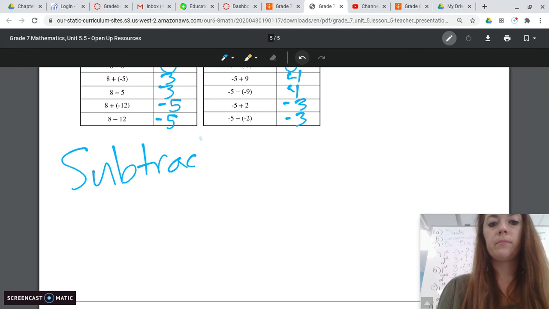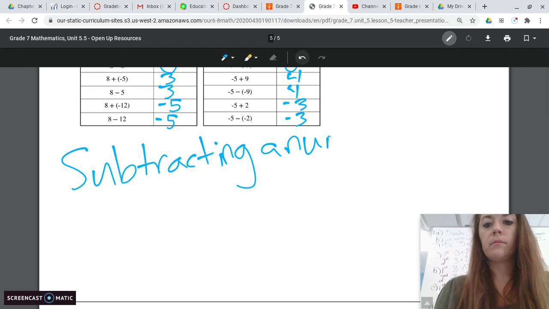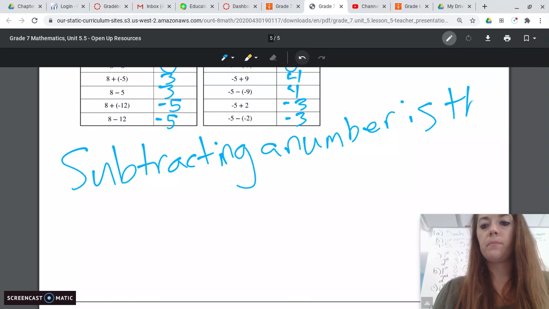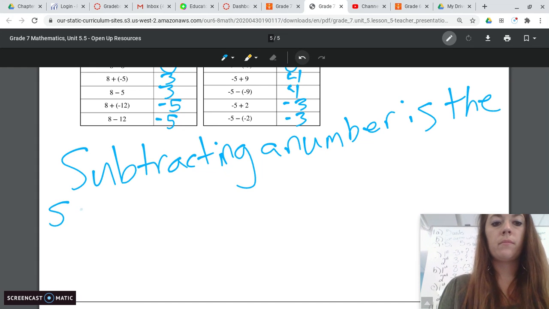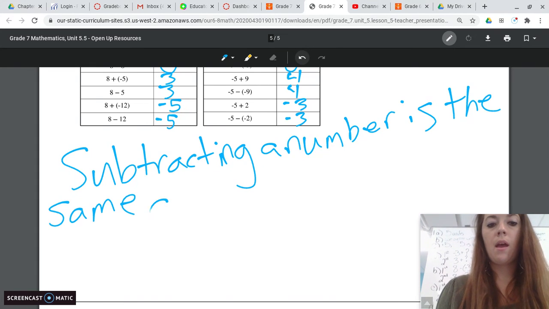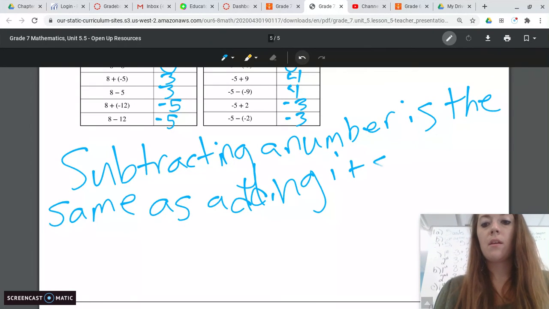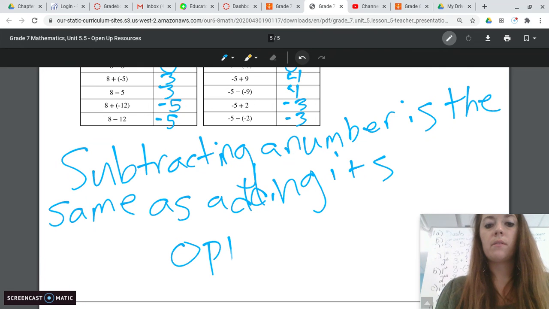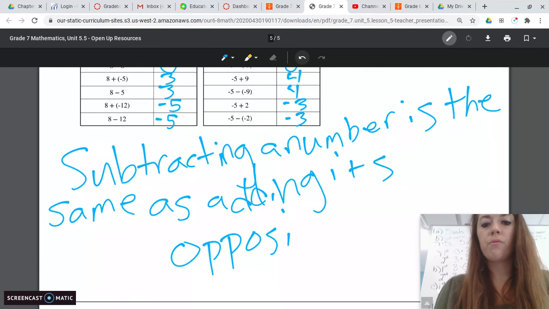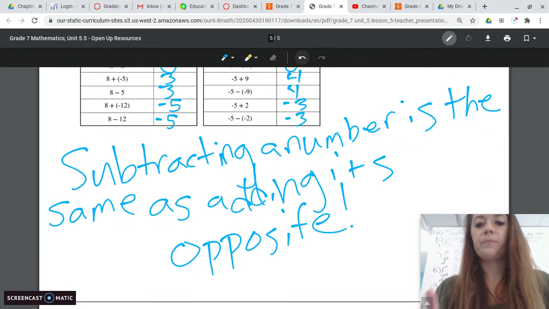Subtracting a number is the same as adding its opposite. That is crucial to know.